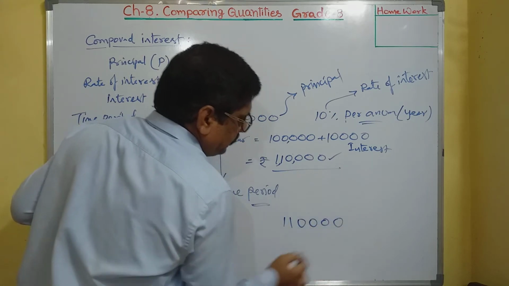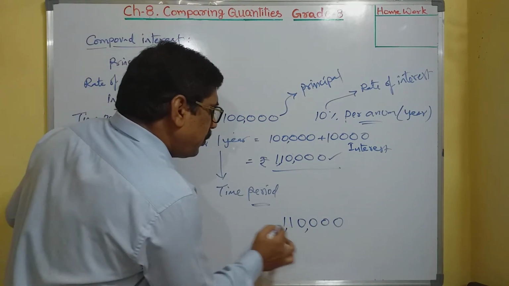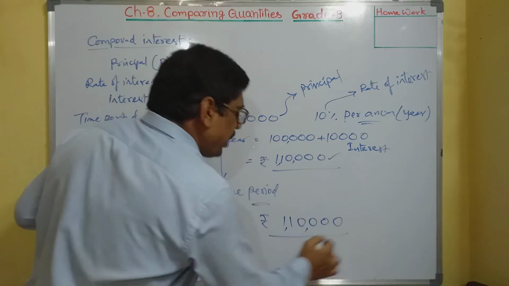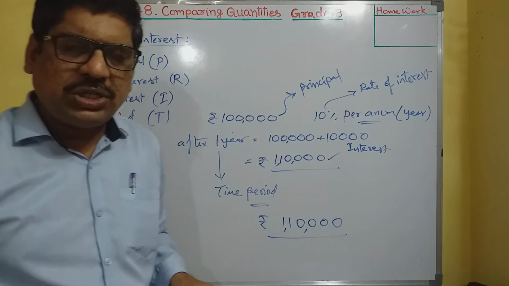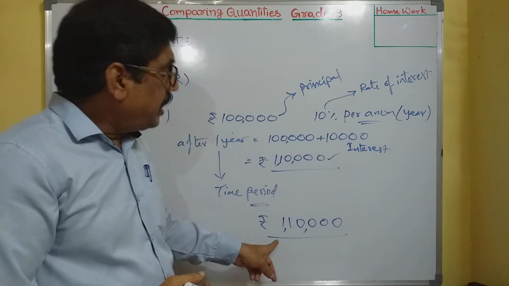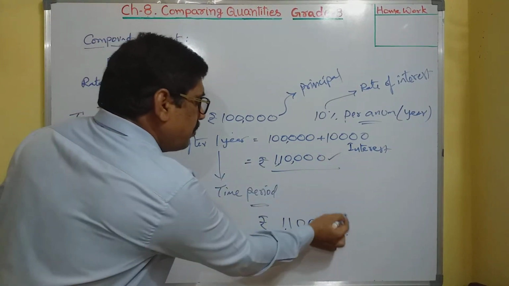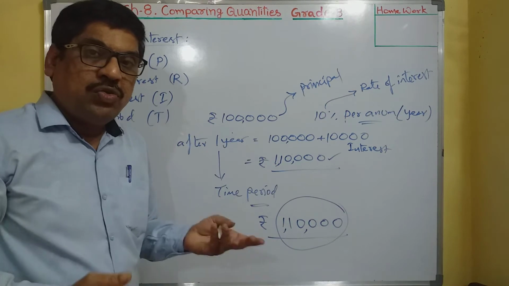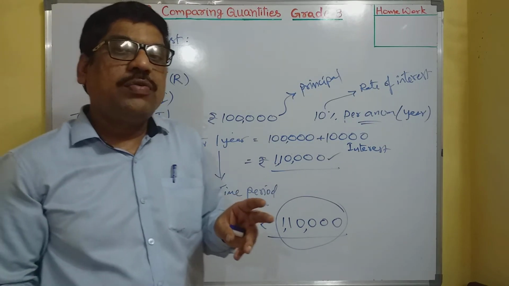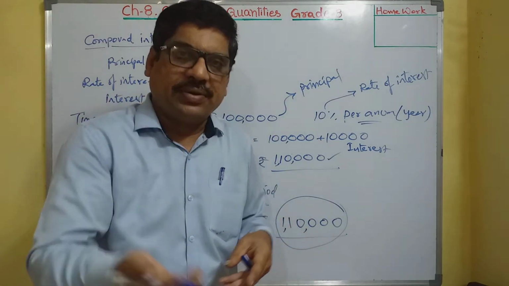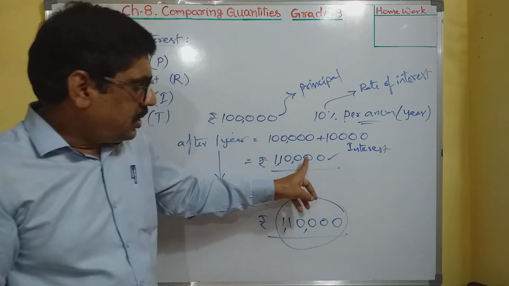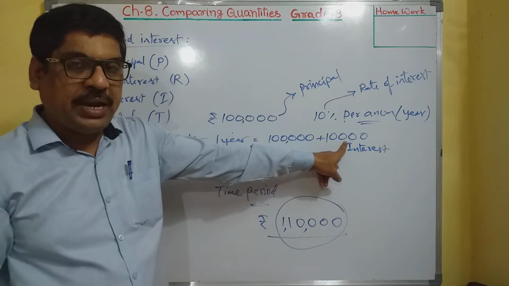Okay, now for example, what is the money you are getting after 1 year? 1,10,000. So if you deposit again this amount in the bank, will you get the same interest? Will you get only 10,000? No. Why? Because the deposited money has been increased. So your interest also will increase by the next year. Why? Because here some extra money has been added.